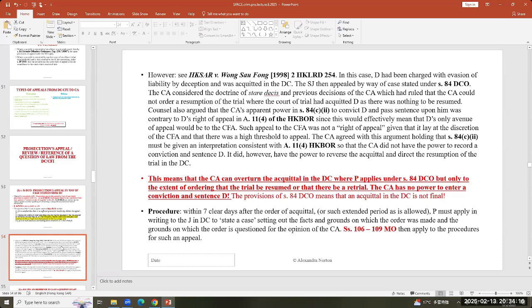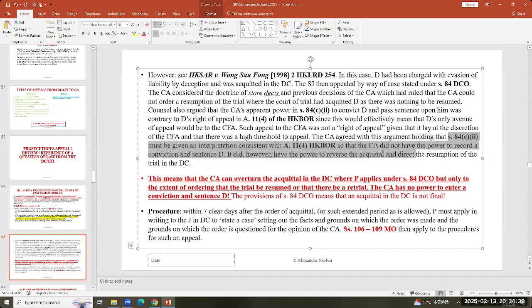So the defendant was acquitted in the district court, and the issue was, could the Court of Appeal overturn the acquittal and convict the defendant? And they said that this provision in subsection 2 was inconsistent with the Bill of Rights. Why?